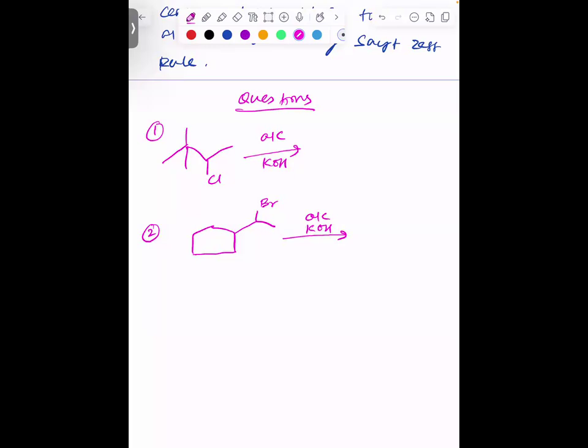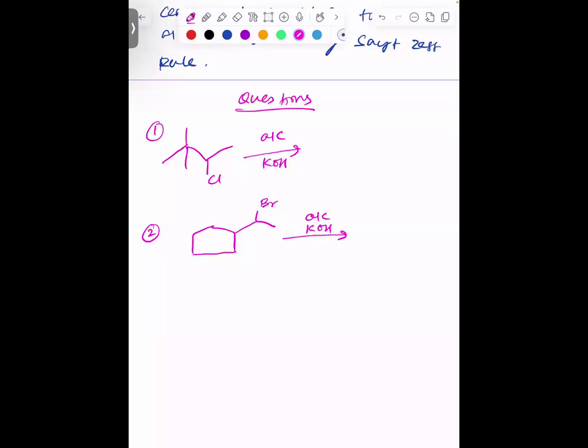I hope all of you are trying. And the hint is, in both the cases, carbocation rearrangement will take place.